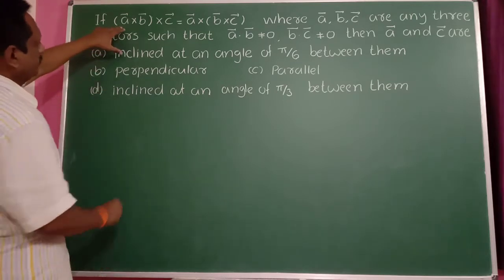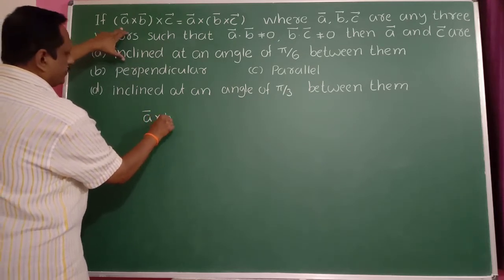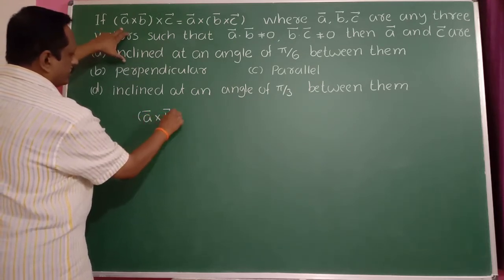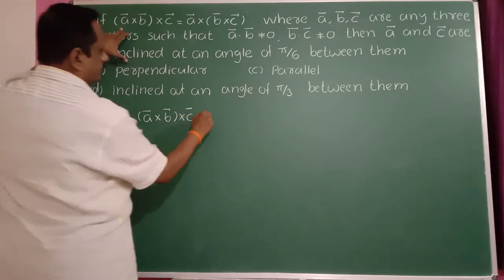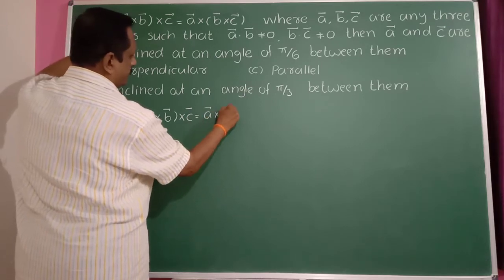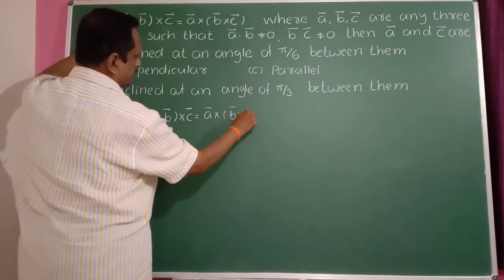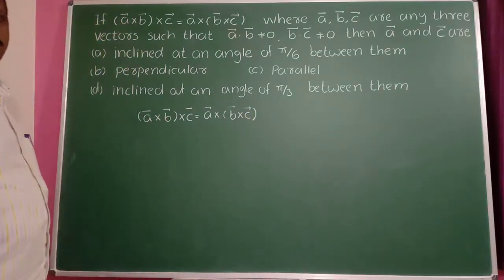Therefore, here they are given (A bar cross B bar) cross C bar is equal to A bar cross (B bar cross C bar). Here use the vector triple product formula.